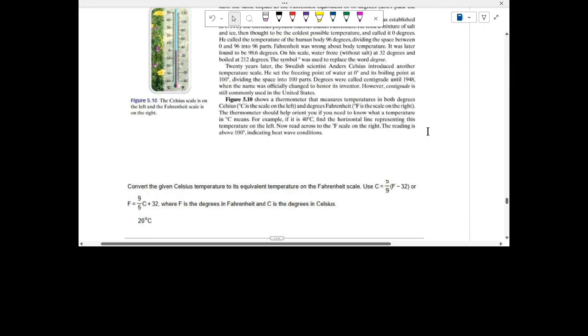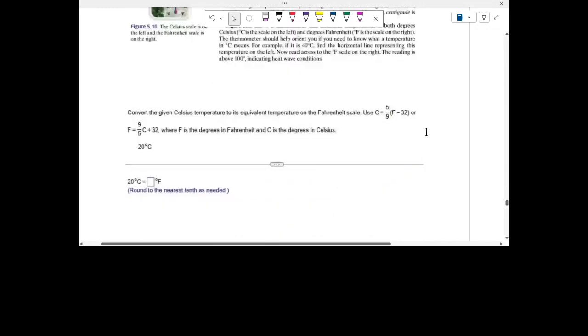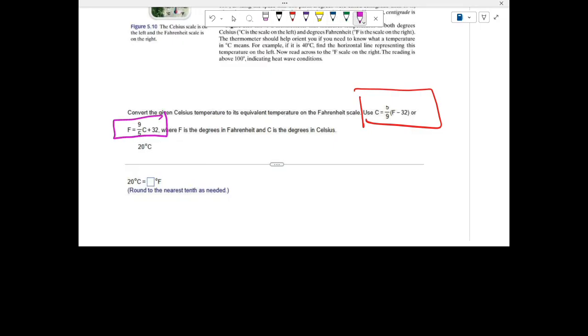Okay. So y'all, what we're going to do here is figure out how we do conversions. It says convert the given Celsius temperature to the equivalent temperature on the Fahrenheit scale. And they give me two formulas, and we're going to have to figure out which formula we're going to use. I'm either going to use this formula here, or that formula there.